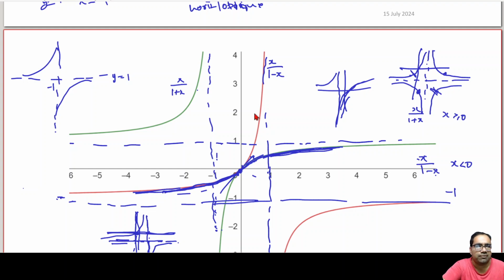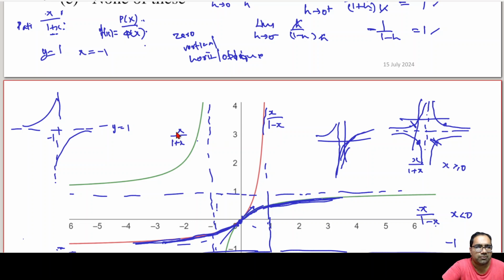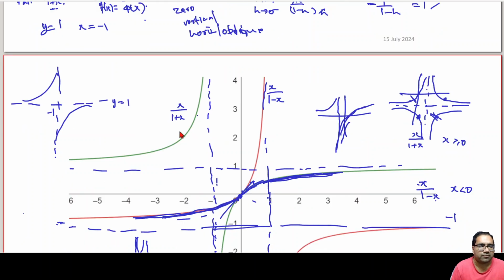Let's take one random x. For example, we are talking about x by 1 plus x. When x becomes very large, obviously x is always lesser than 1 plus x. Let's say for example 100 by 101. So this number will keep getting closer to 1, but it will never reach 1.